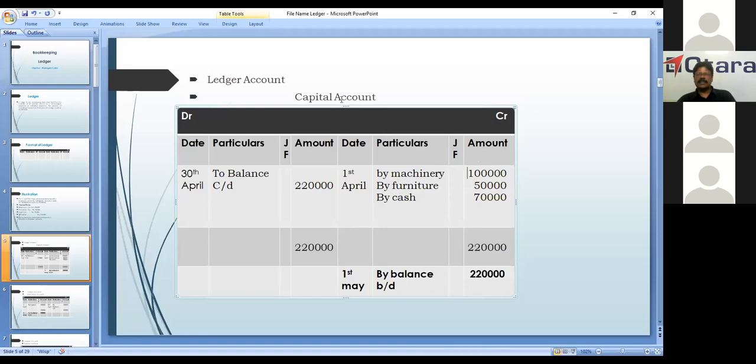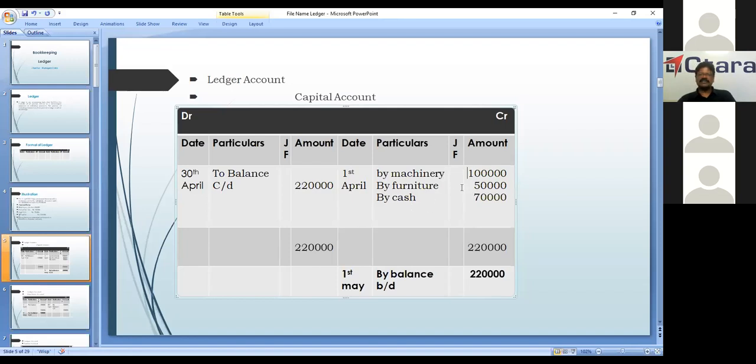Once again, we are preparing the capital account. The journal entry is machinery account debit, furniture account debit, cash account debit to capital account. Capital being a credit item, we put the amount on the credit side: 1 lakh received as capital in the form of machinery, 50,000 as capital in the form of furniture, and then 70,000 capital as cash.